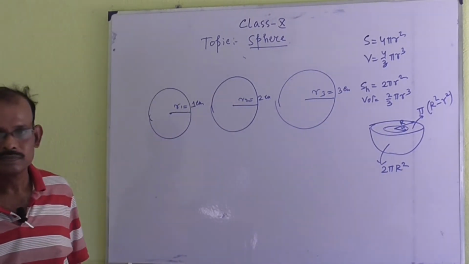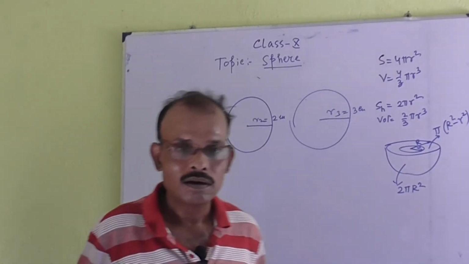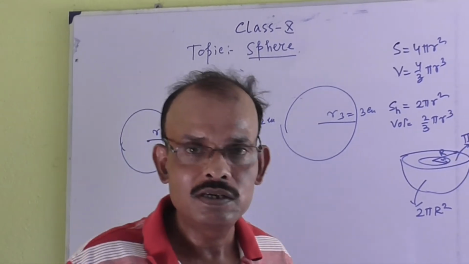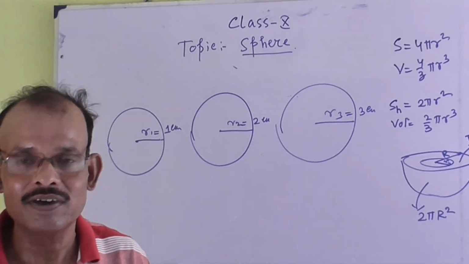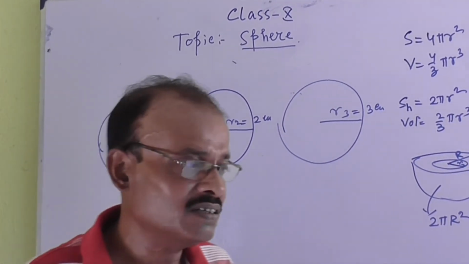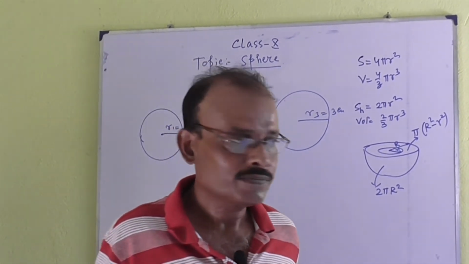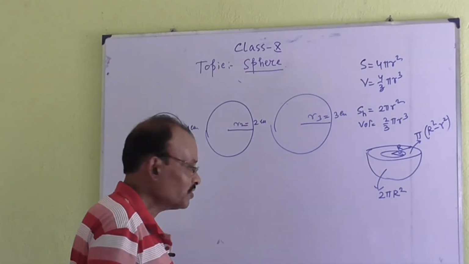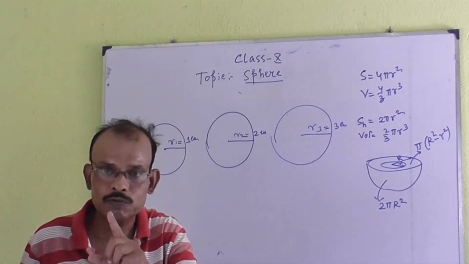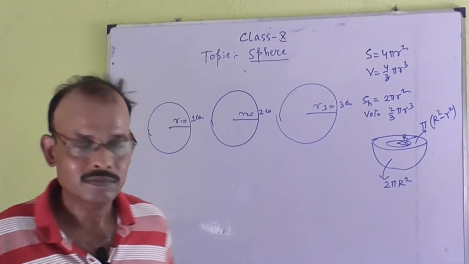Clear? Melted these three spheres and form a big sphere. So, question is that what is the radius of the big spheres? That means, let us take radius of the big spheres be capital R.